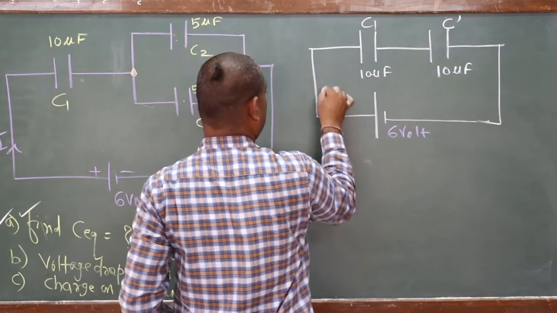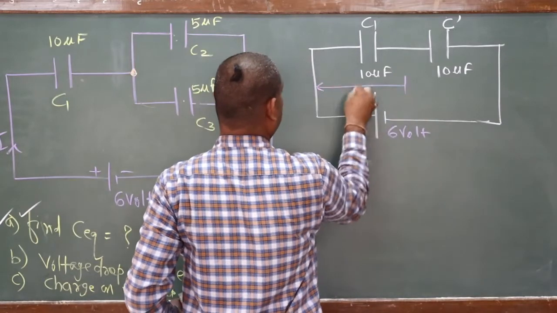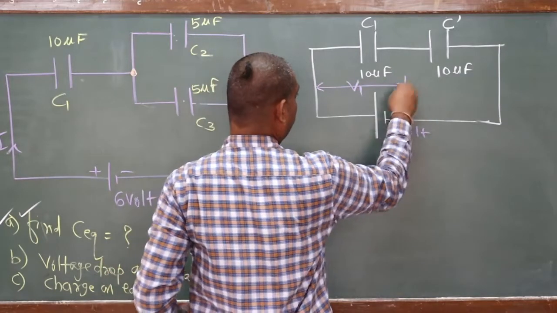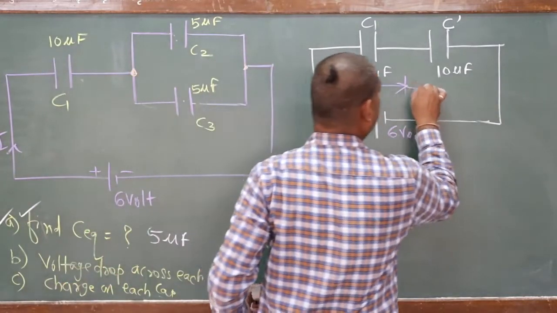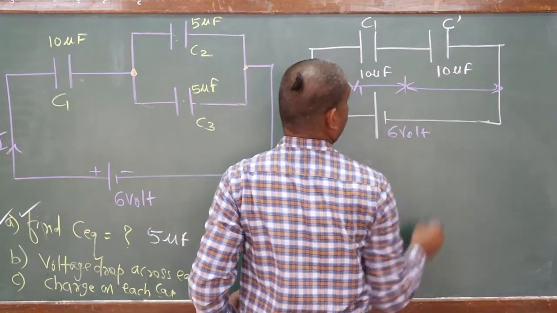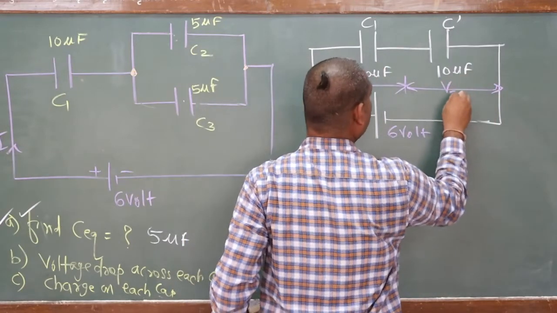The voltage drop across C1, suppose, will be V1. V1 is the voltage drop across the first capacitor C1, and the voltage drop across C dash will be V2.